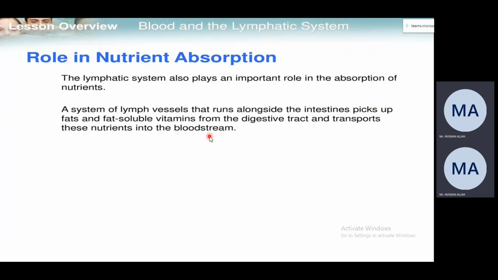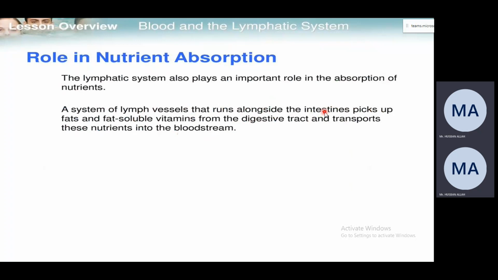So, related to the absorption of nutrients, the lymphatic system which is near the intestine, down in this part of the body, will absorb fats or fat-soluble vitamins from the intestine and give them to the bloodstream, right? Bloodstream means blood vessels, and it will be circulated throughout the body.